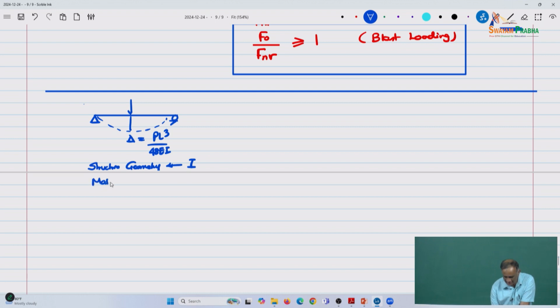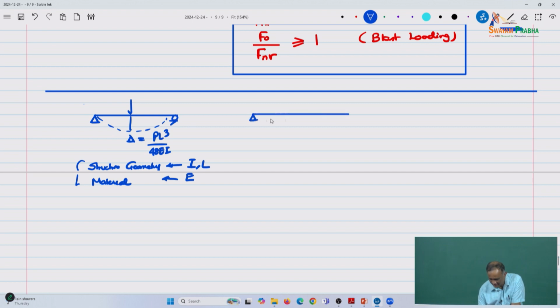Then you have the material that comes in the form of E and L, I should say. This is material stiffness, that is your geometric stiffness. Combine them, you have your structural stiffness. Nowhere have we considered other material properties, other structural properties.